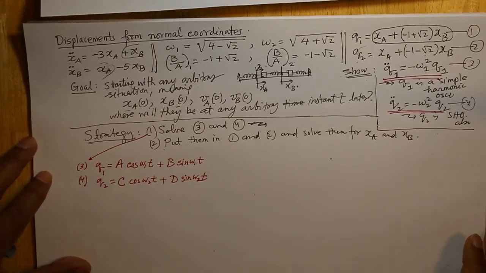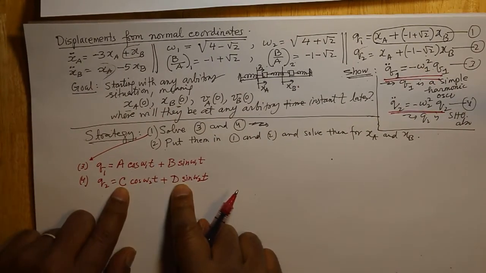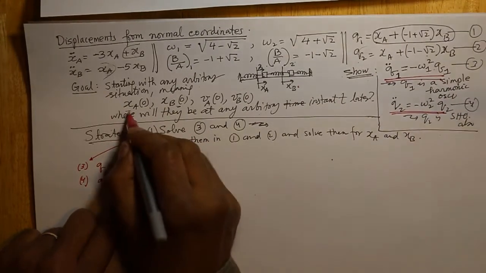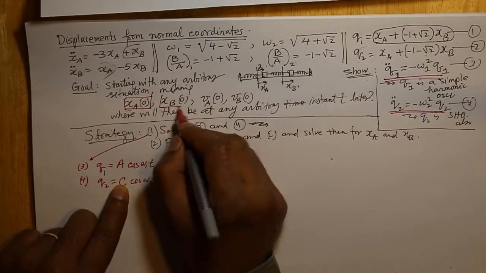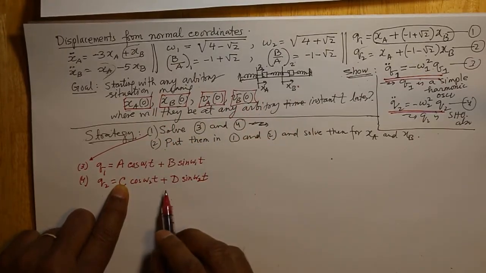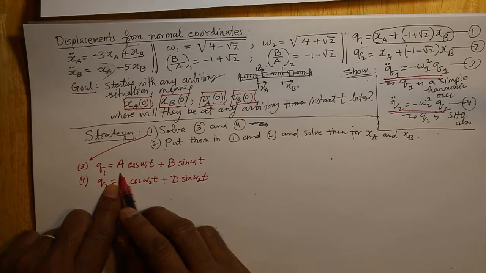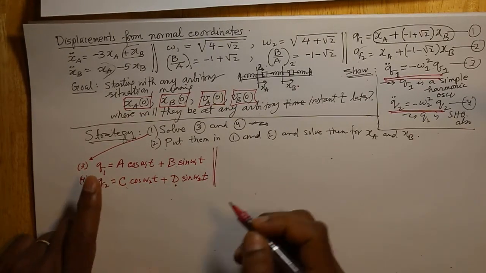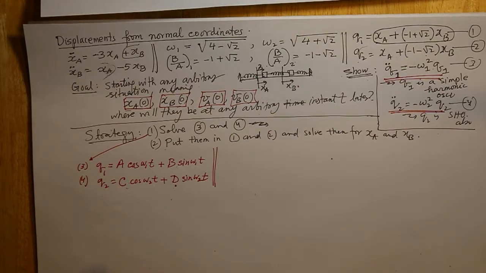Now you can see that these are the only unknowns, A, B, C, D, and we have how many conditions? We have 1, 2, 3, 4. Those 4 conditions will be sufficient to nail these down, and that's the ultimate solution, right?